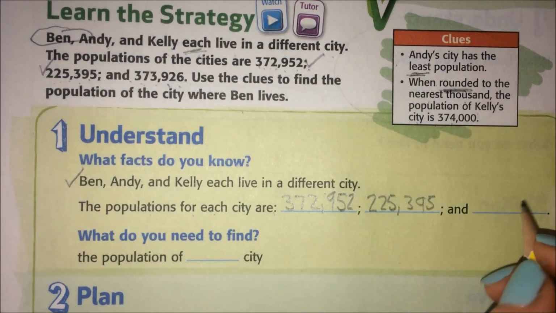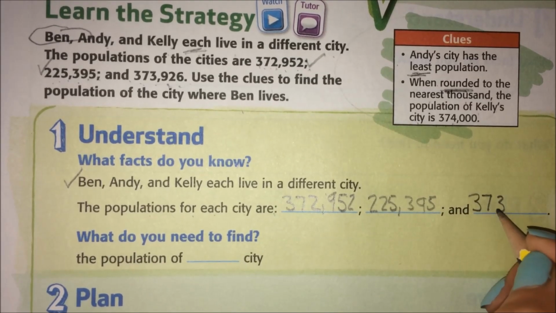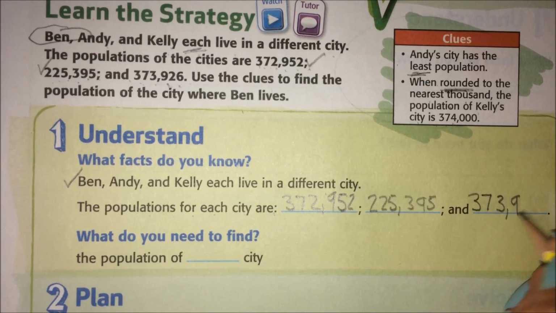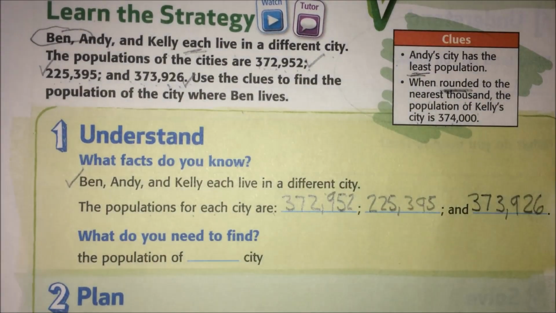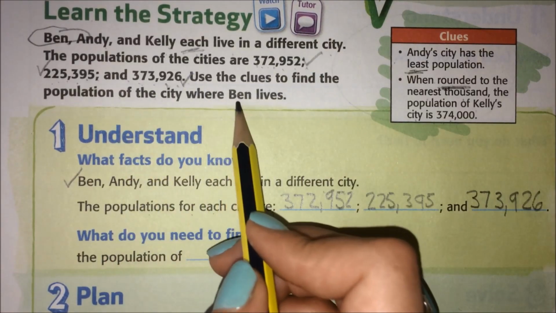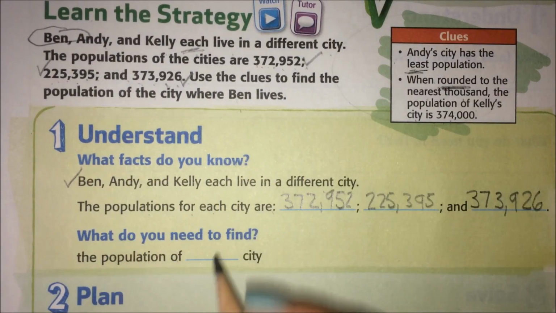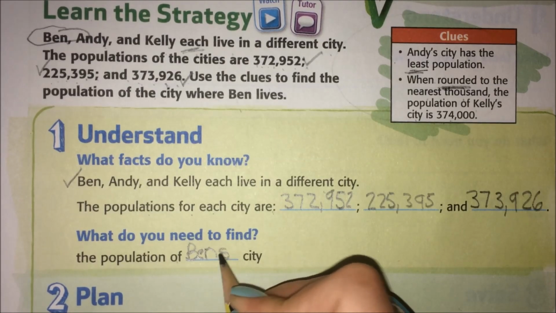Check. And 373,926. Got it. And what do we need to find? So what's the question? Population where Ben lives. So the population of Ben's city.